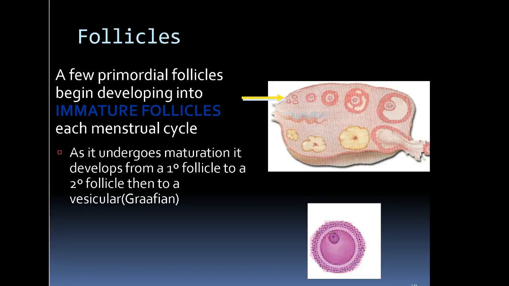It says as it undergoes maturation, we move from our primordial follicles to primary, to secondary, to what we call the tertiary or most mature, or Graafian or vesicular follicle. This is the one that will actually ovulate.